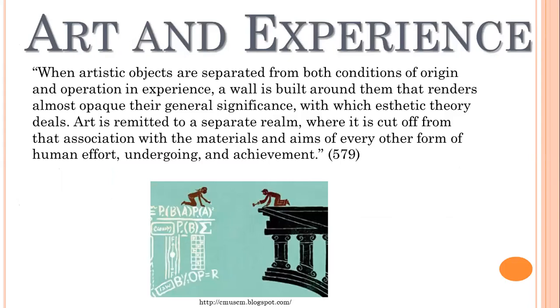In this case, Michelangelo's David, the original context, right? Once we remove that piece of art from it, it will cloud our understanding of it. And so any theory that doesn't take that into account is necessarily going to somehow run off the rails a bit. Okay, so when we look at art and experience together, of course, this is the way we should approach it for Dewey.